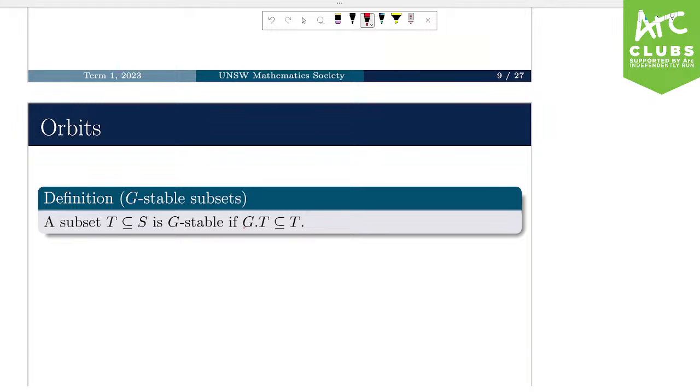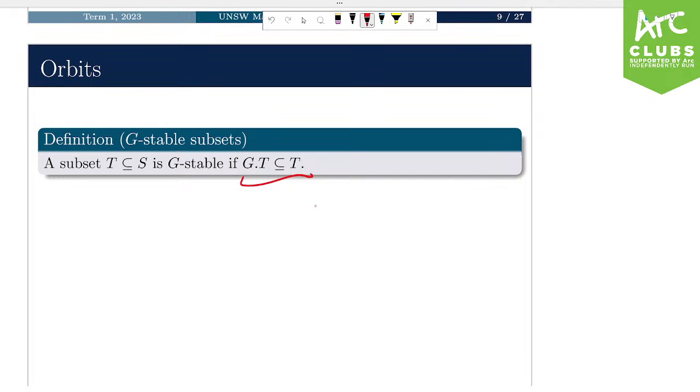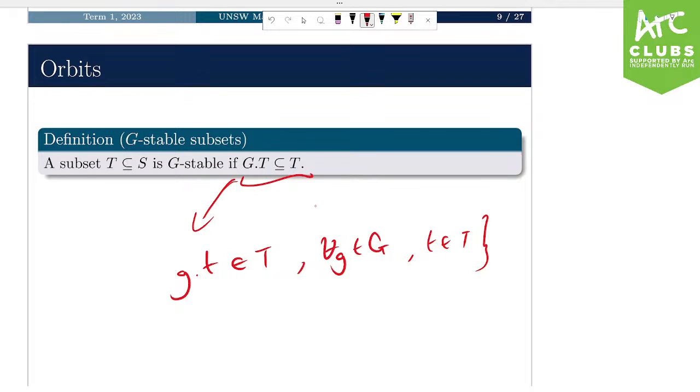A subset T of S is G-stable if it is closed under action from G. Writing this out, we would have g dot t is in T for any g in G and t in T.